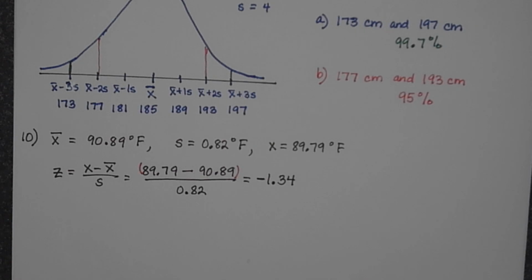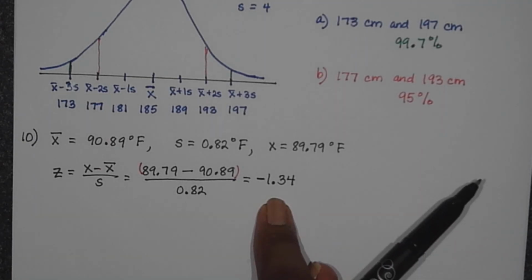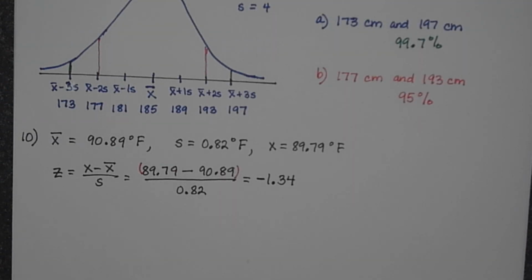So not significant is negative 2 to 2. Less than -2 would be significantly low. Greater than +2 would be significantly high. That negative 1.34 is within the range of -2 to +2.